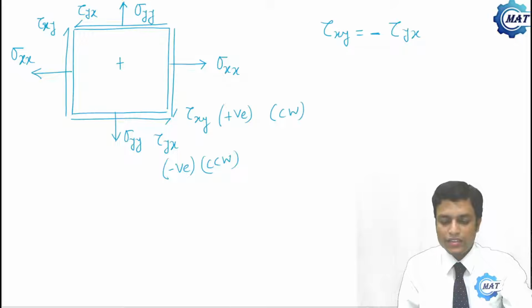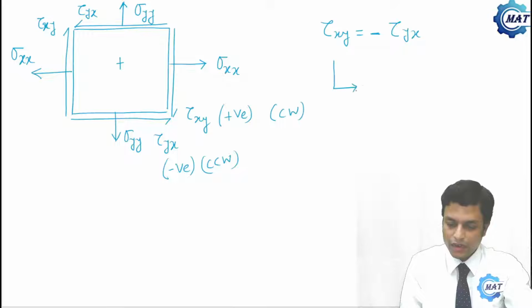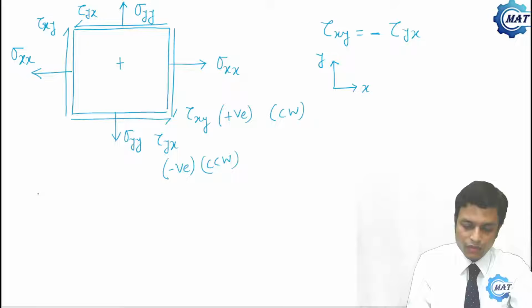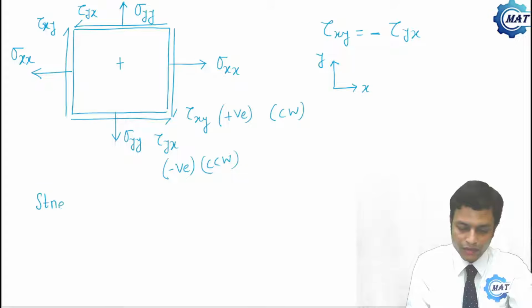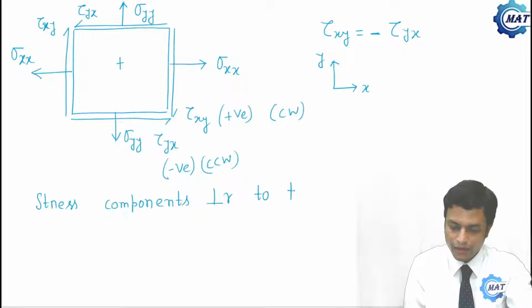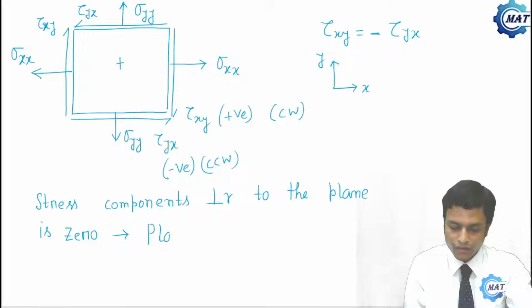Another definition of plane stress is that if this is drawn in the xy plane, then the stress components perpendicular to that plane are 0. When the stress components normal to the plane are 0, it is also called plane stress condition.